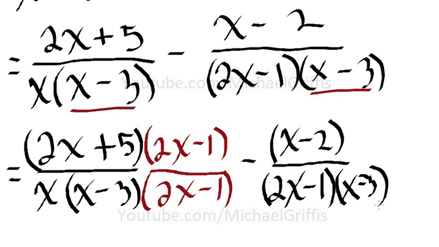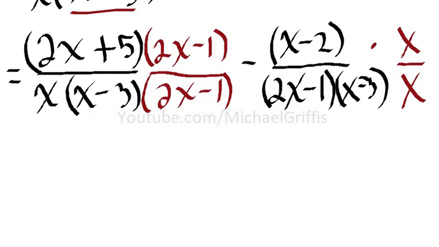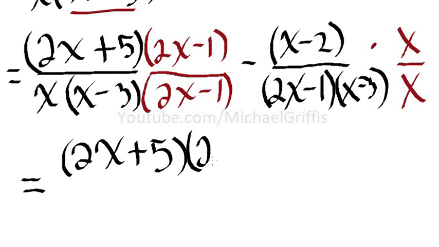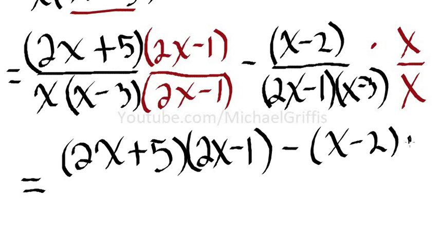All right, so what's going on? Let's see, 2x minus, oh, an x over x. So we'll just do that with a different color. X over x. All right. So let's rewrite everything. We have a 2x plus 5 times a 2x minus 1, minus an x minus 2 times x.